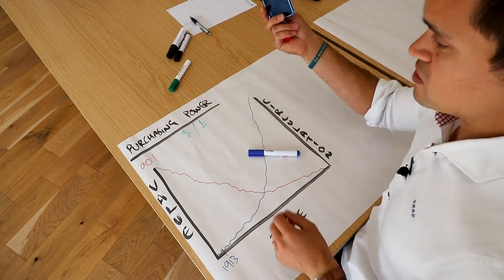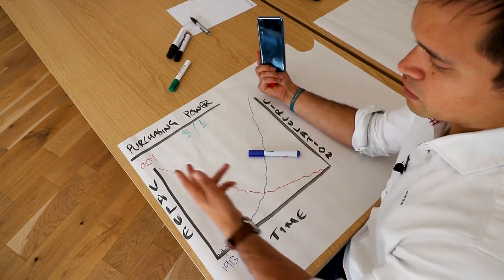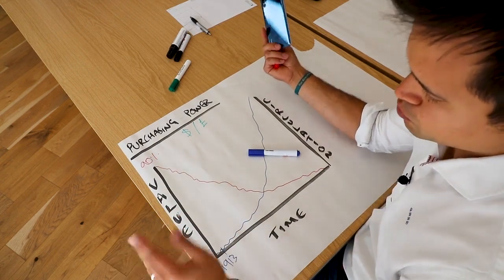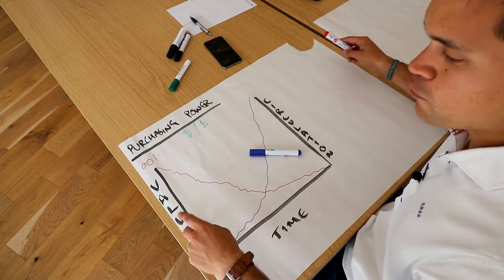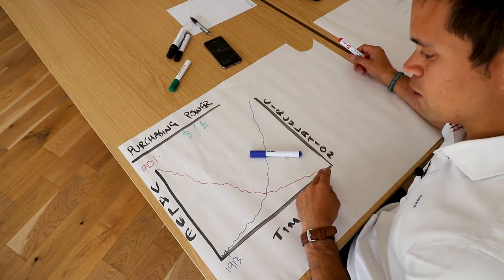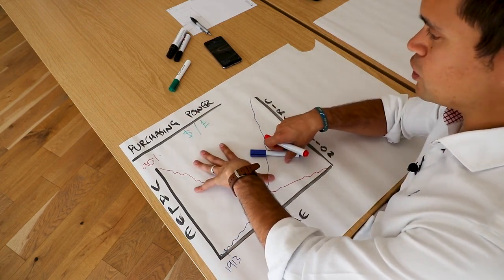The price is going to go up because there's now way more currency in the room. Value and price are slightly different, but hopefully that makes sense. The value of your money goes down because there's simply way more currency in the room. That's the first thing you need to get your head around.